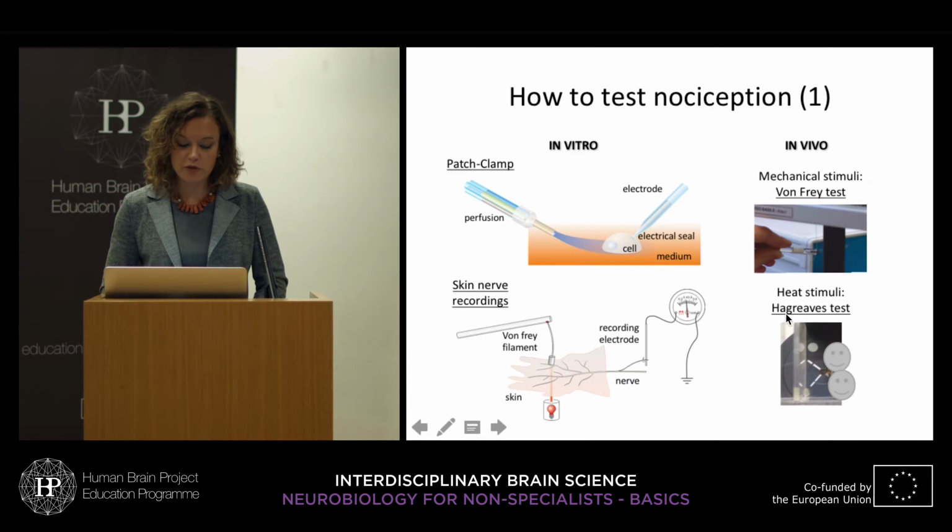The same is true for the Hargreaves test, which is a test where you stimulate the paw of the rodent with a heat stimulus. Then you can analyze the heat threshold.